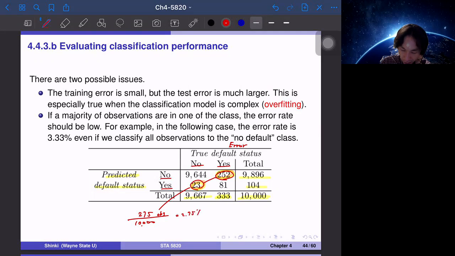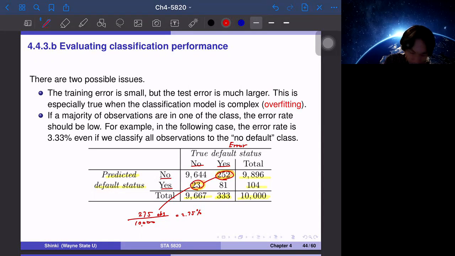It sounds very good, but we are not really sure. So let's think about making a very easy decision rule. Just that we predict that no one defaults. Then what would the table be? So we predict all people as not in default.